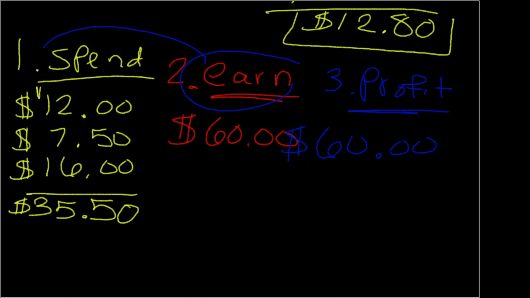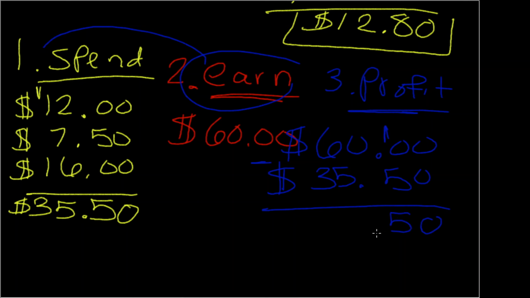I spent $35.50. I'm going to subtract it. 0 minus 0 is 0. 0 cannot take away 5, so I'm going to switch that to a 10. 10 minus 5 is 5. If I'm going to switch that to a 10, I have to take away from this 0.